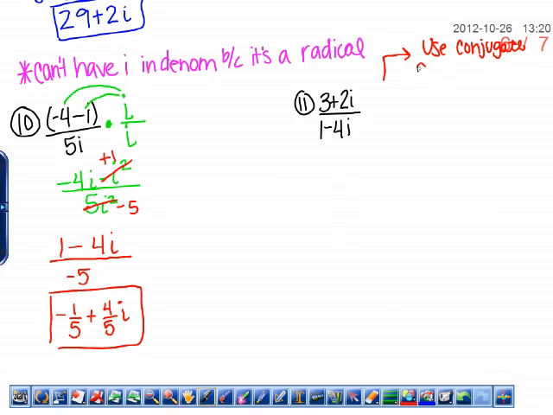The conjugate of A plus BI is going to be A minus BI. So the conjugate of 1 minus 4I is going to be 1 plus 4I.